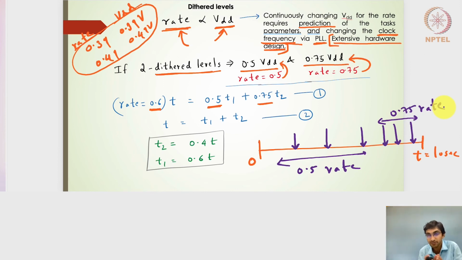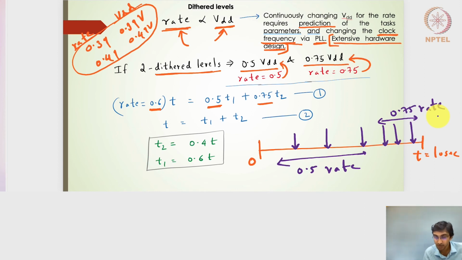That means I need to complete 6 switchings in 10 seconds. So why can't I use a slower rate initially and then a faster rate finally, or otherwise I can also have the 0.75 rate initially and then go slow to the 0.5 rate and complete the 6 switchings in 10 seconds, right?